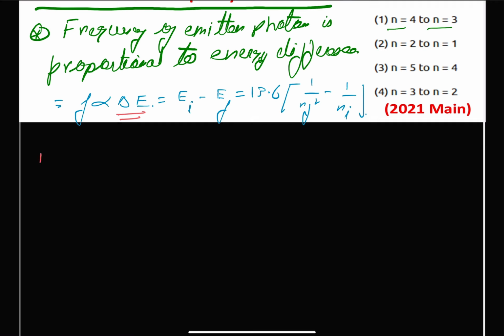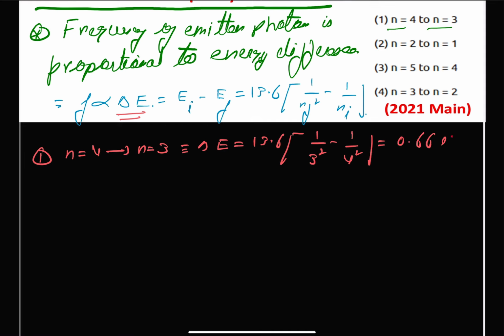Therefore we have option number 1, which is the transition from n4 to n3. This gives us delta E equal to 13.6 times 1 upon 3 square minus 1 upon 4 square, which is approximately 0.66 electron volt.